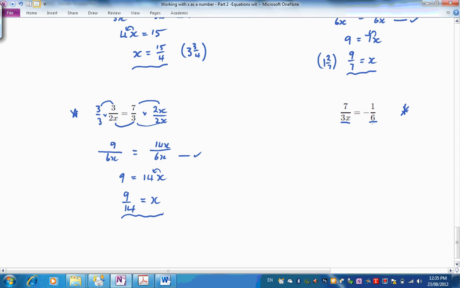All right, coming back, could you see what I meant? There's a 3 and a 6. So can we make that 3 into a 6 by multiplying top and bottom by 2? And then over on the other side, this is neg 1 over 6, multiplying top and bottom by x.